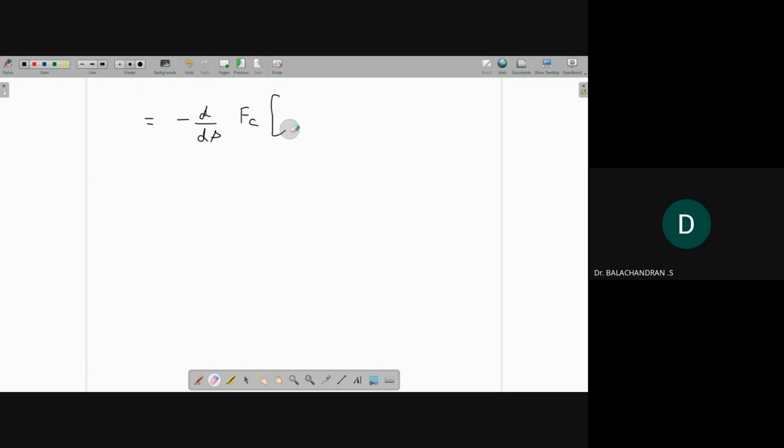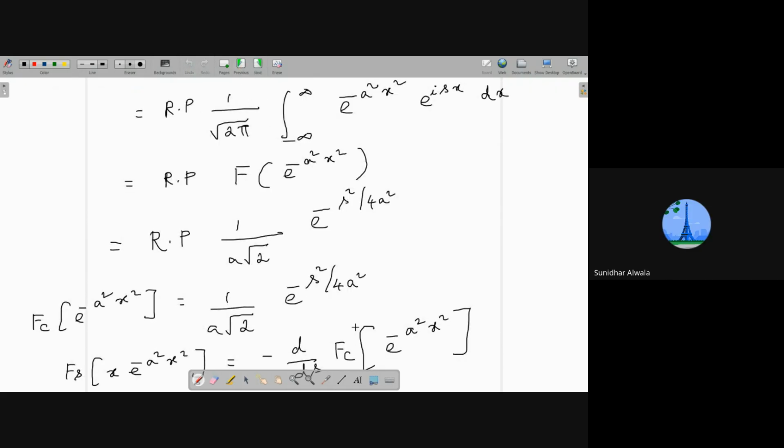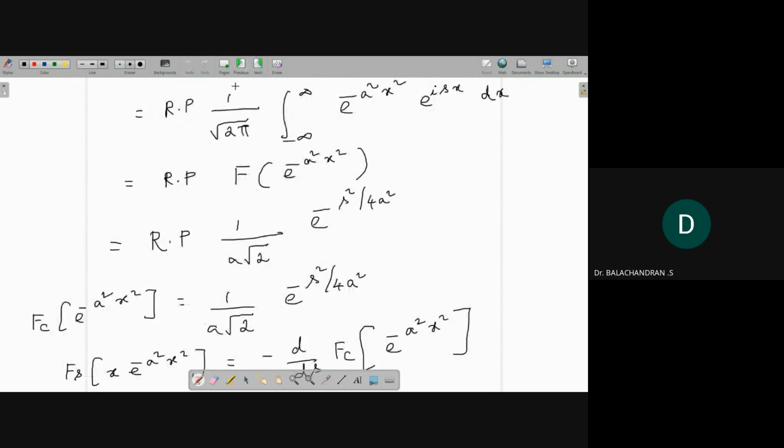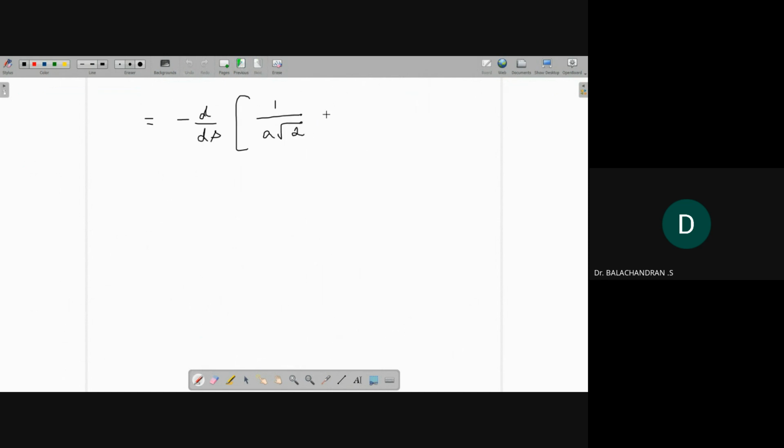So Fc is 1 by a root 2 into e power minus s square by 4a square.